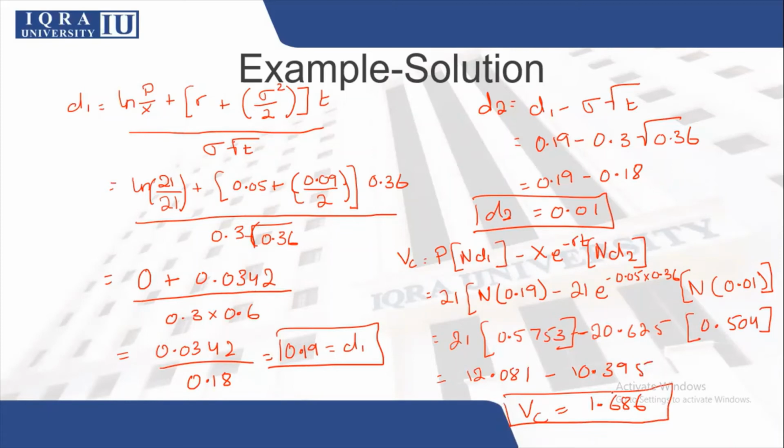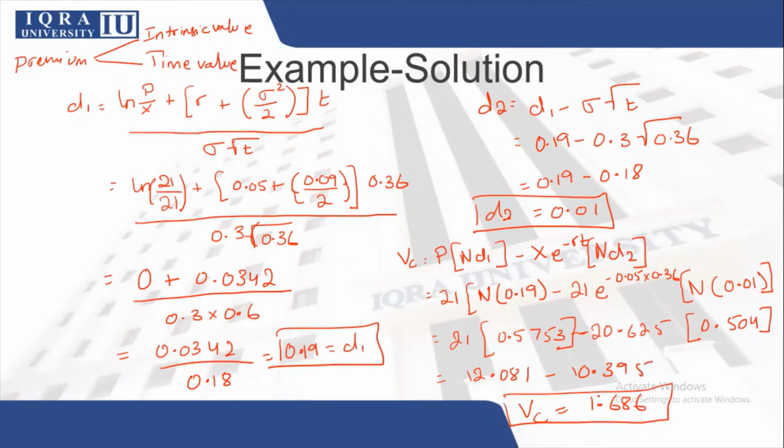One more thing I wanted to discuss over here: the time value, the intrinsic value, and the premium amount. Remember, I told you that the premium comprises two things. One is the intrinsic value, which we call the exercise value, and the other is the time value.